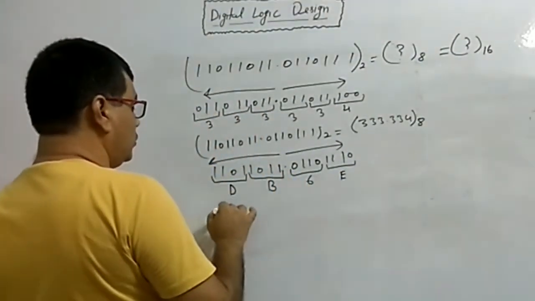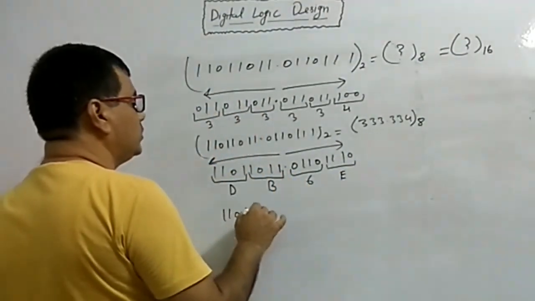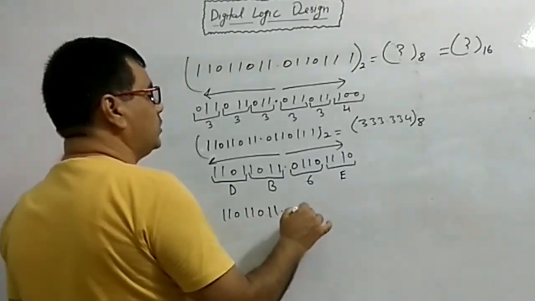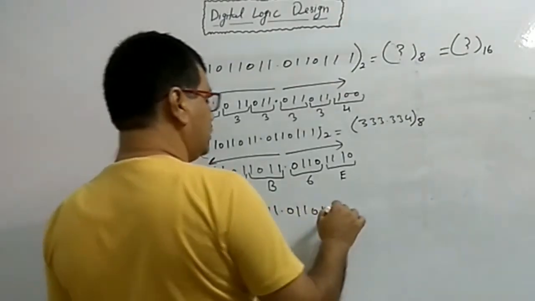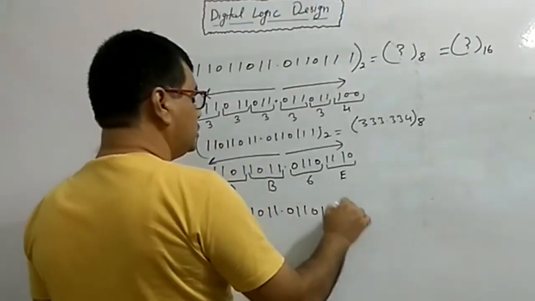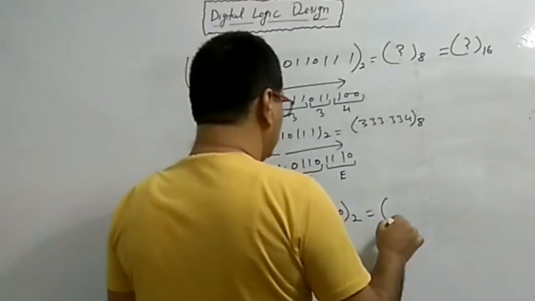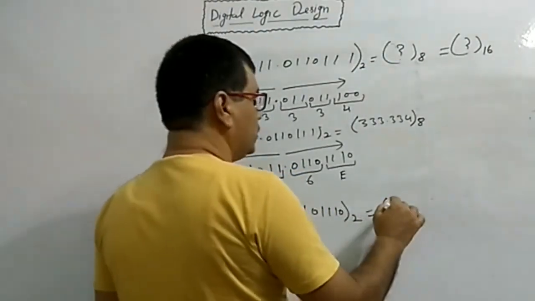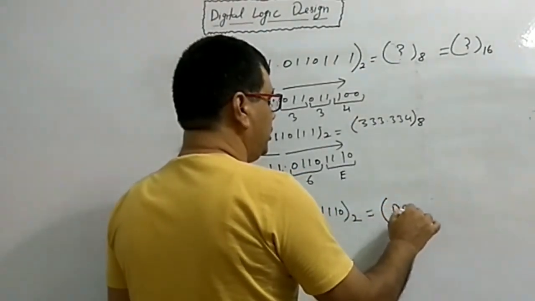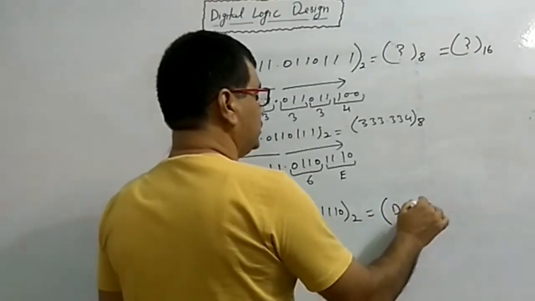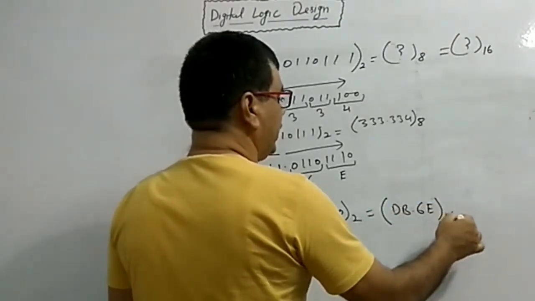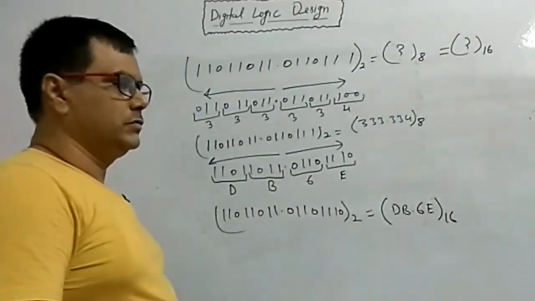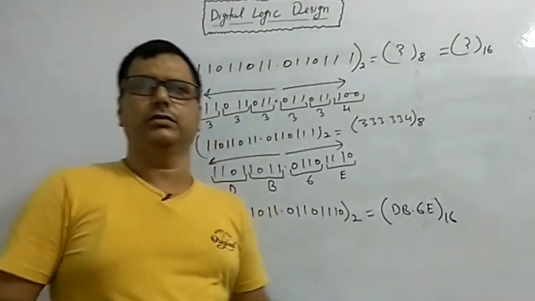So 11011011.0110111 in binary is equivalent to DB.6E in hexadecimal. The process is very simple.